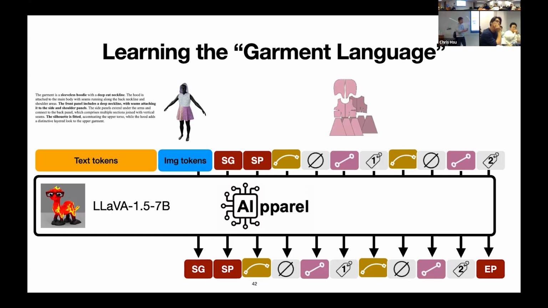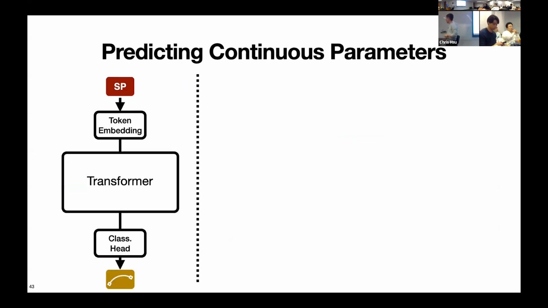So far, all of these are standard operations, but remember, we also have continuous variables attached to some of these tokens, here and here, right? How do we predict these continuous variables? If we look at a standard transformer architecture, the way that tokens are consumed is that the token first goes through a token embedding to create a latent code of fixed dimension.